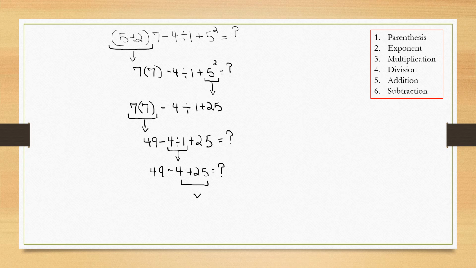I'll just write it over here. 49 minus 29. And that should give us 20. That would be our answer.